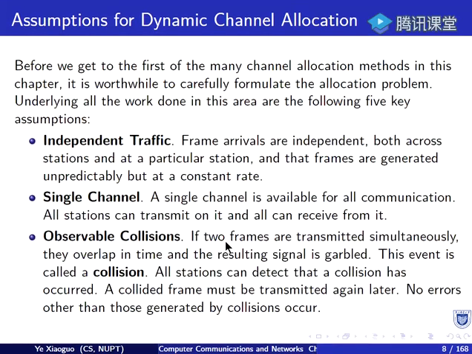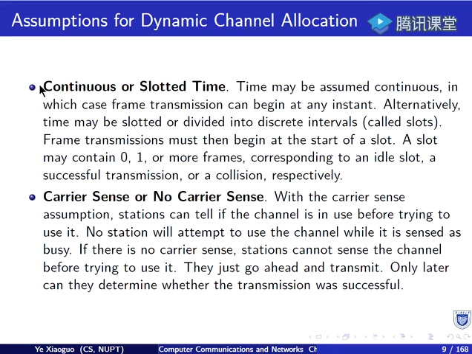So these are the 5 assumptions: independent traffic, single channel, observable collision. But for the last two assumptions, we have two choices: continuous or slotted time, and carrier sense or no carrier sense. This is how to design the protocols.